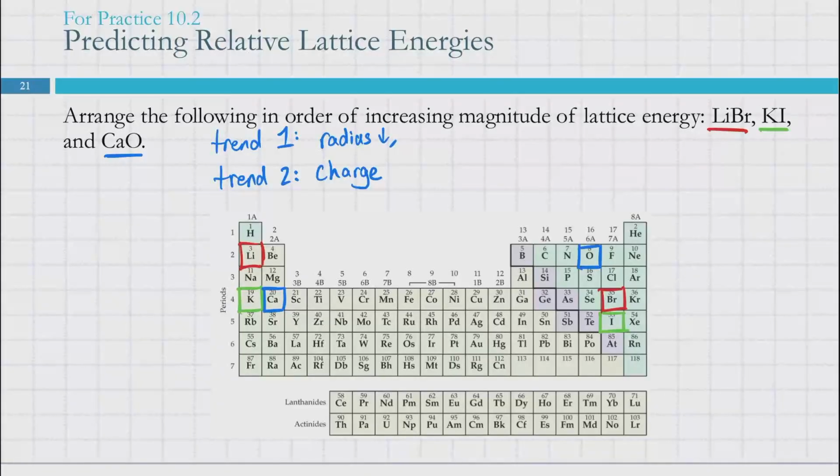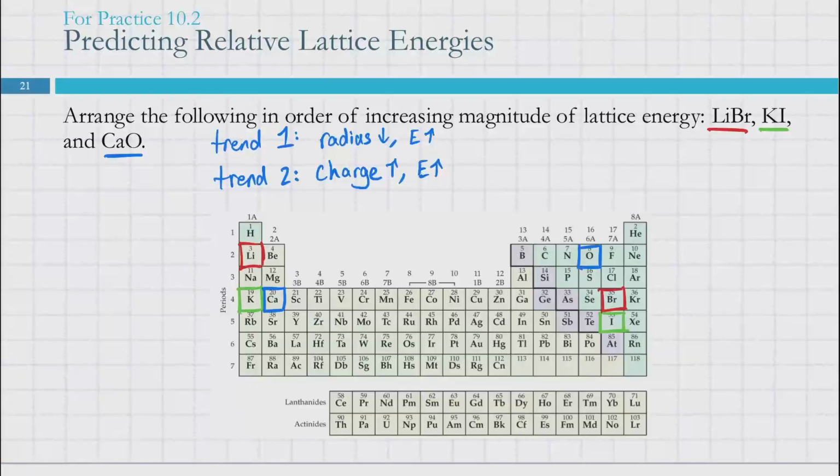When radius decreases, energy increases in magnitude. So the closer our ions are together, the higher the lattice energy is going to be. With charge, as charge increases, energy also increases.